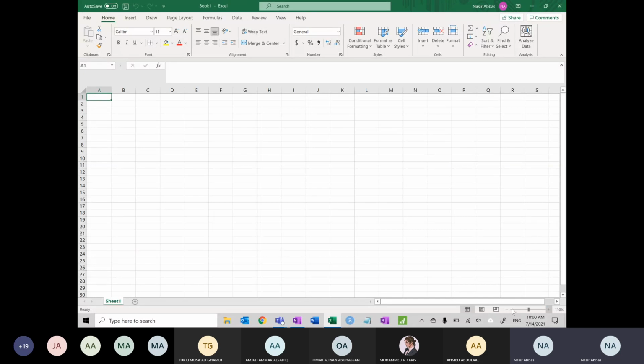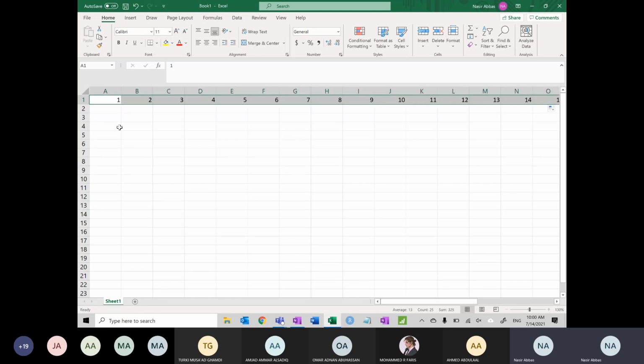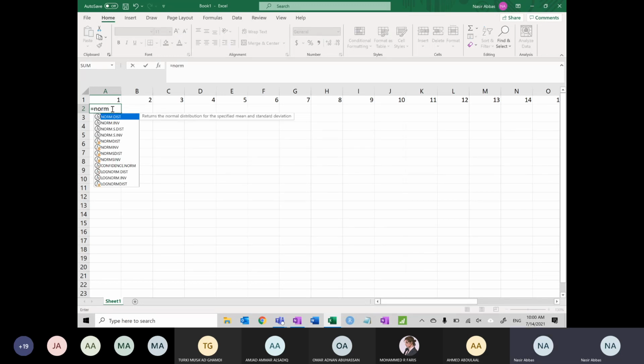Now look. In Excel, I'm going to draw a sample of size, let us say, 25. So I'll generate 25 values from a normal distribution with mean 10 and variance 4, that is, standard deviation 2.